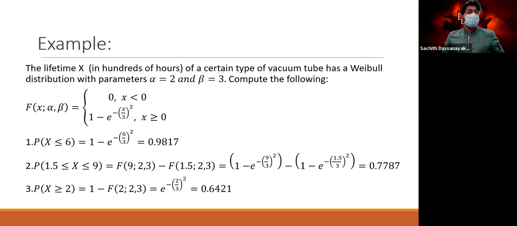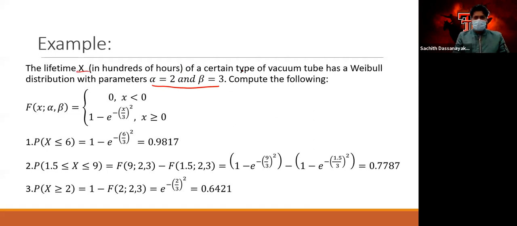Okay, let's check this example. All questions are like this, from the Weibull distribution, gamma distribution, exponential distribution. They have given, for example, that this variable has an exponential distribution, or X is exponentially distributed, something like that. So you know what distribution you need to catch. The alpha and beta parameters are given.